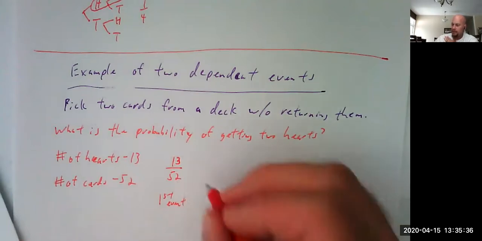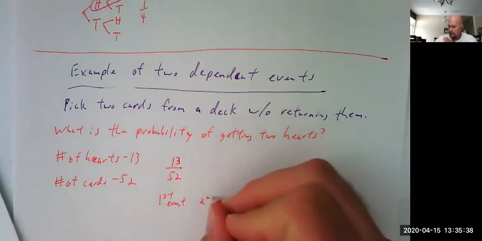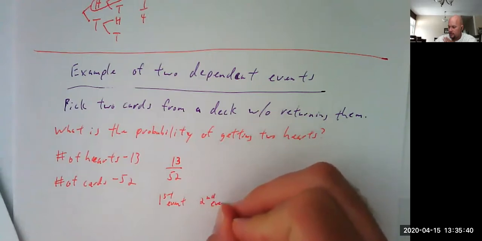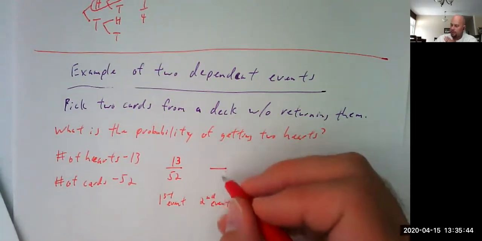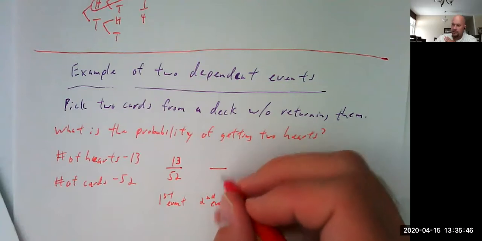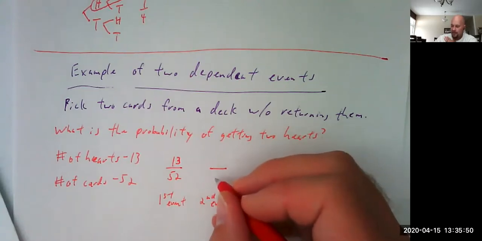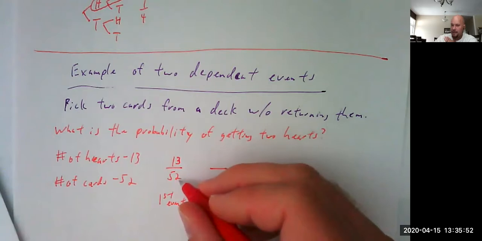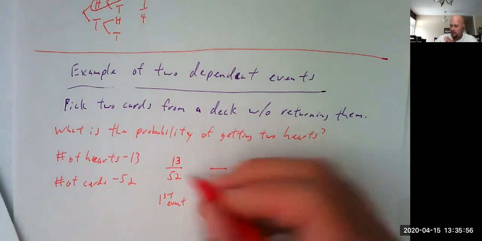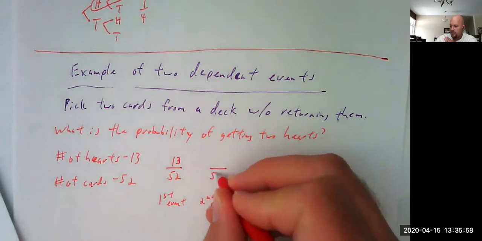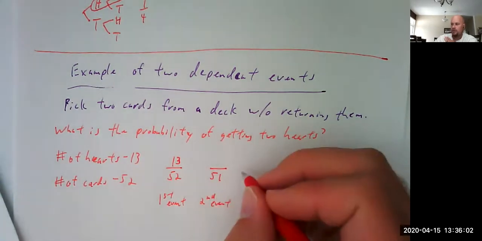But now once I pick a card for the second event, my numbers change. So I pick a new card. But when I go to pick the new card, and again, that's always from where I'm starting from before I actually pick the card, I had 52 when I picked the first card. When I go to pick the second card, I've already pulled 1 card out of the deck. So there's no longer 52 cards. It'll only be 51 cards.